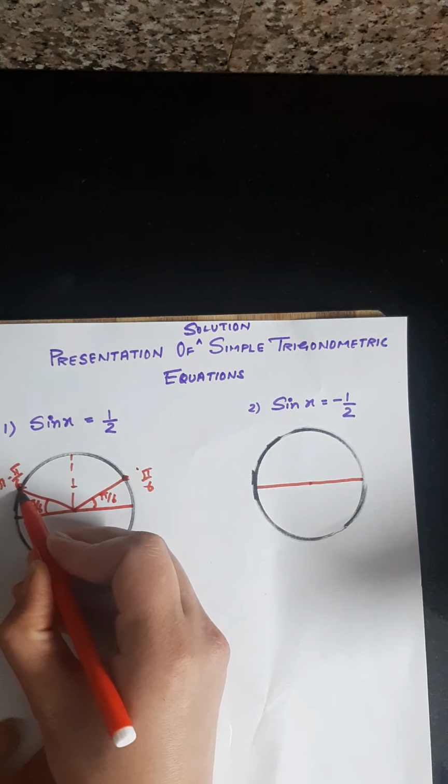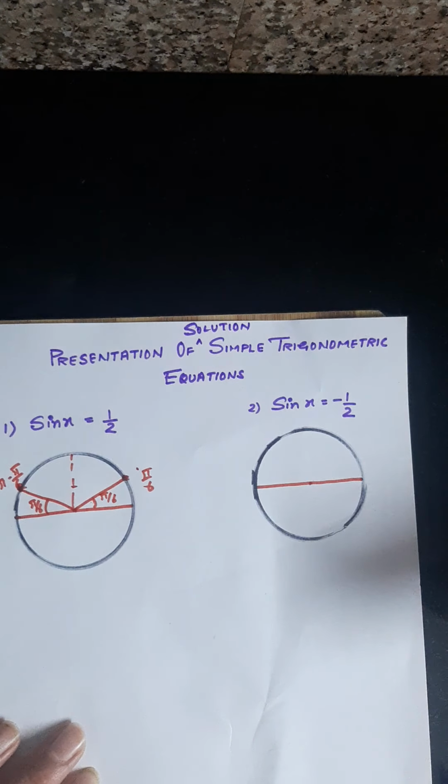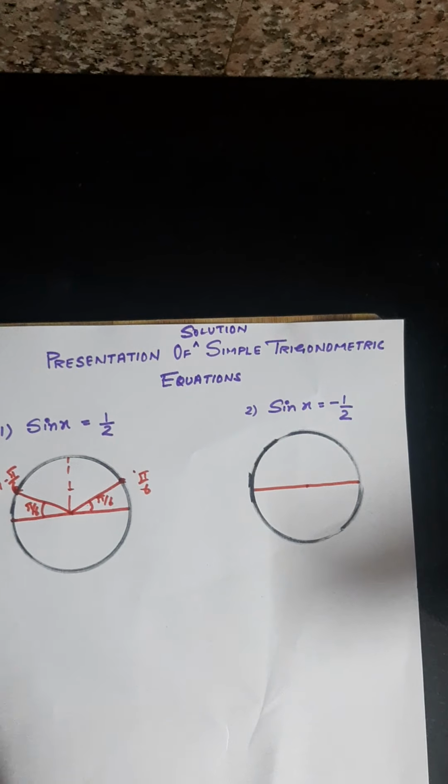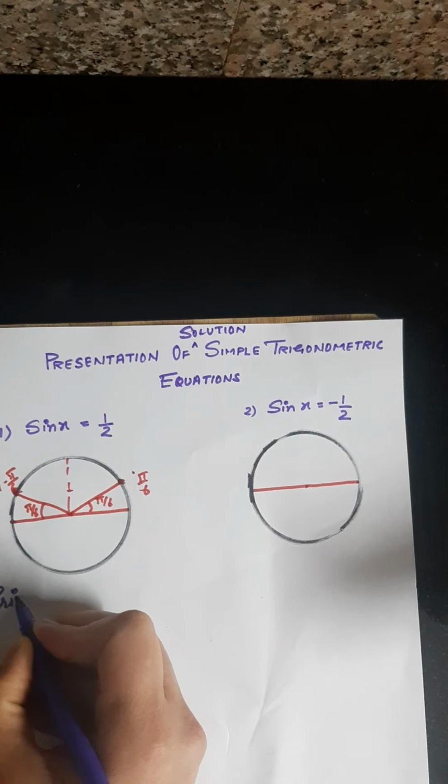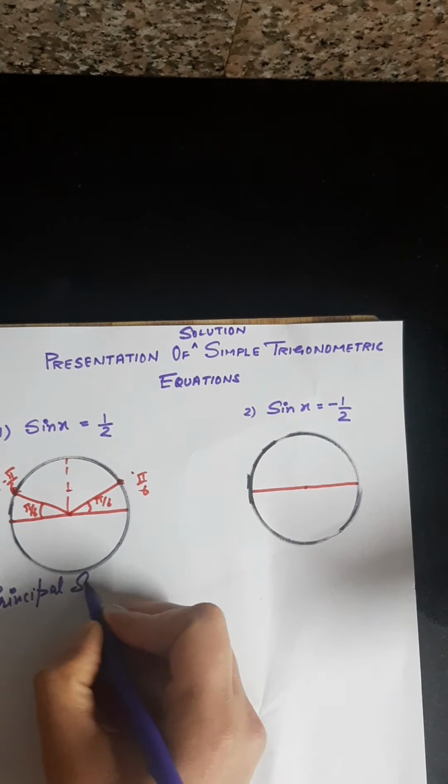Just to represent this position, we use this angle only. So this angle is pi minus pi by 6. So principal solutions are x equals pi by 6 and pi minus pi by 6, which is actually equal to 5 pi by 6.